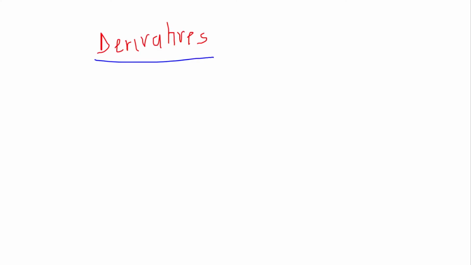Okay, so let's say we start. Suppose we have a function s equal to 5t cubed minus 3t to the power 5. If we want to find the derivative of this function, that's s prime, it's going to be finding the derivative d over dt.